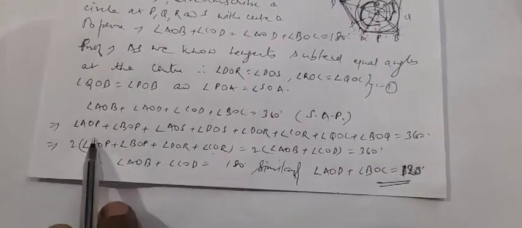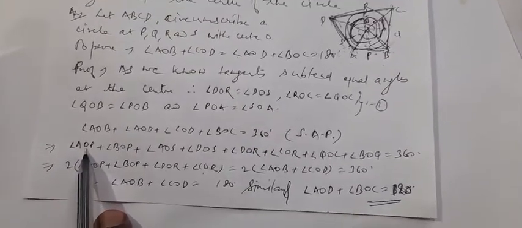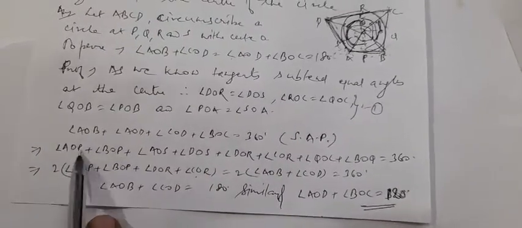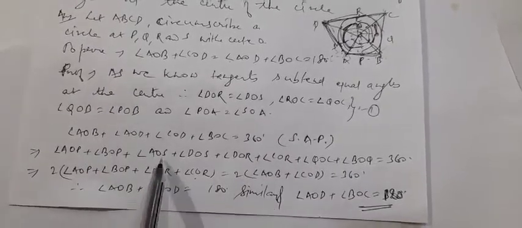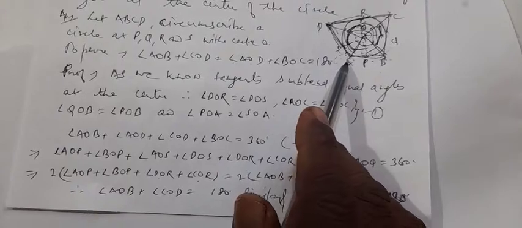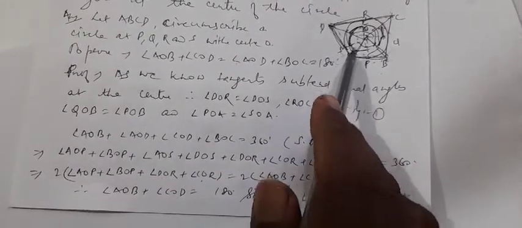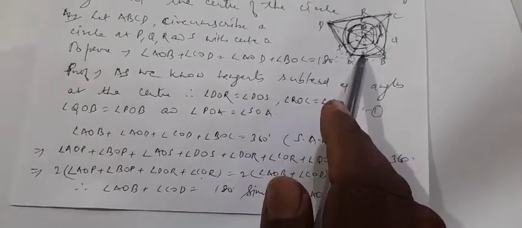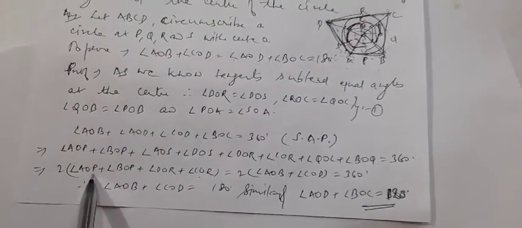For these eight angles, angle AOP and angle AOS can be written as twice of angle AOP.